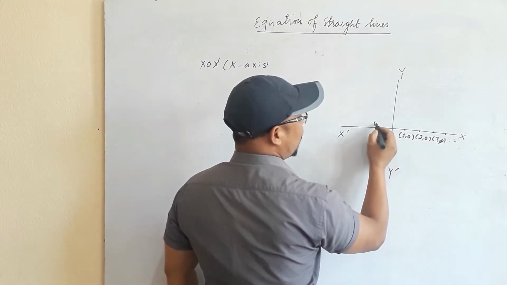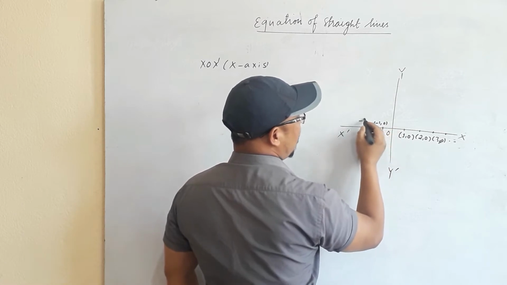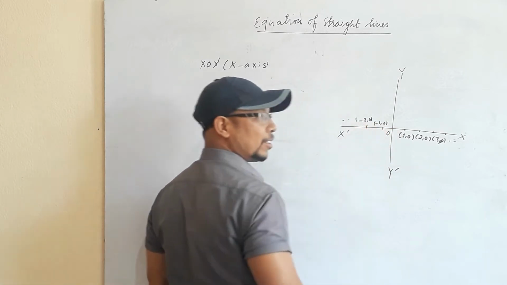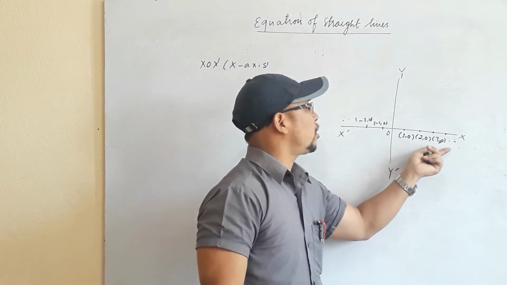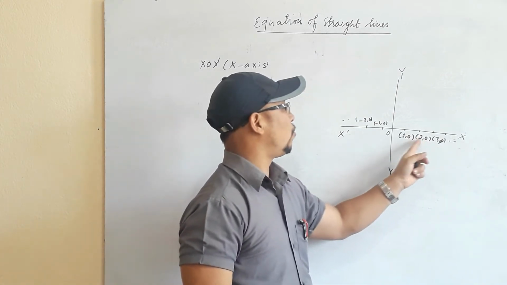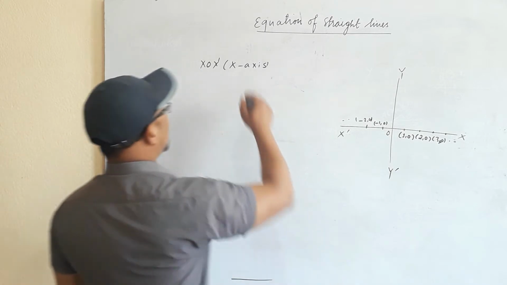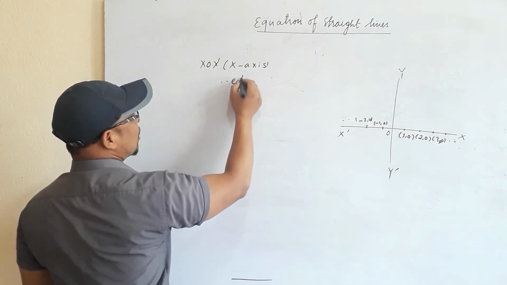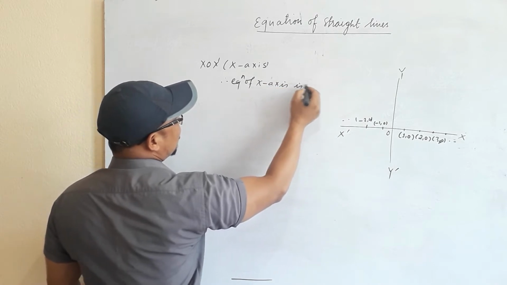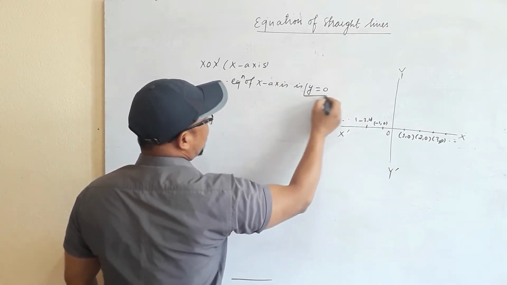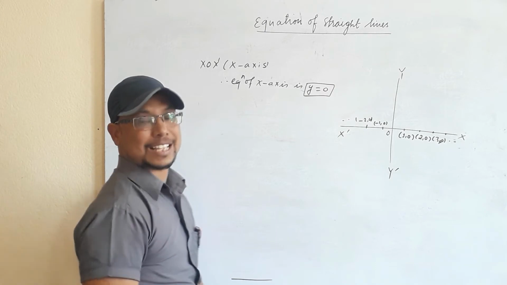And here will be (-1, 0), (-2, 0), and so on. Now you see here, at every point of the x-axis, the value of y is 0. So the equation of the x-axis is y equals 0.